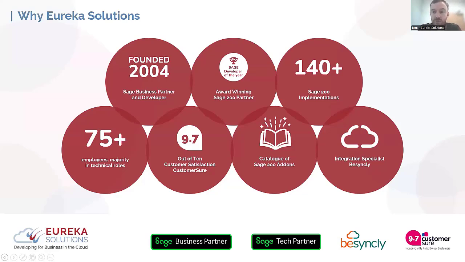Basincly is a cloud integration platform that's got integrations with Sage 200, so it can help you integrate different solutions together, meaning you're not having lots of disparate systems. We can make Sage 200 talk to your other systems that you may be invested in. So that's a little whistle-stop tour of Eureka Solutions, and hopefully gives you a good grounding on why we're presenting today. As I say, I'm a seasoned Sage 200 partner.